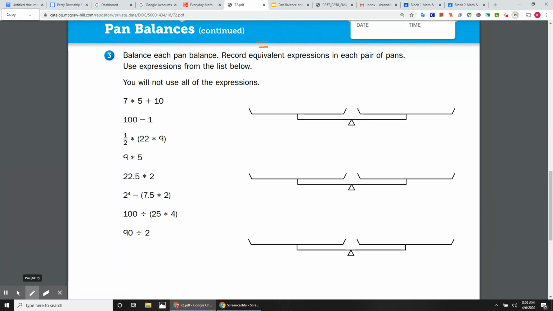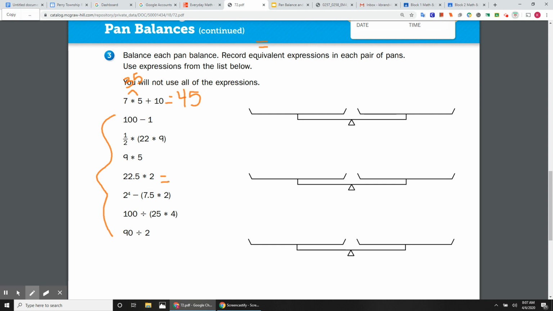So for example, if I look at the very first expression, this is 7 times 5 equals 35, plus 10 would equal 45. I suggest solving all of these expressions first to see which ones would be equal. So for this expression, it would be equal to 22.5 times 2.